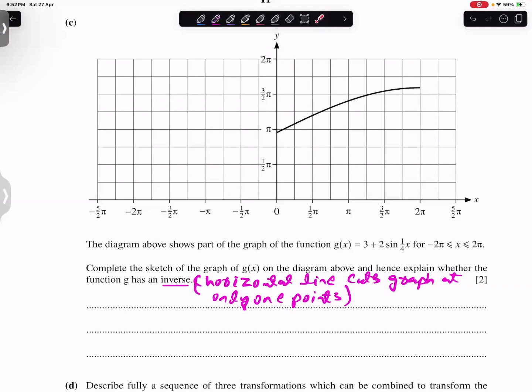Now, students, they are saying to complete this graph. This is a graph from 0 to 2 pi. But this time they have also given the negative domain. So you have to bring this graph towards the left till minus 2 pi.